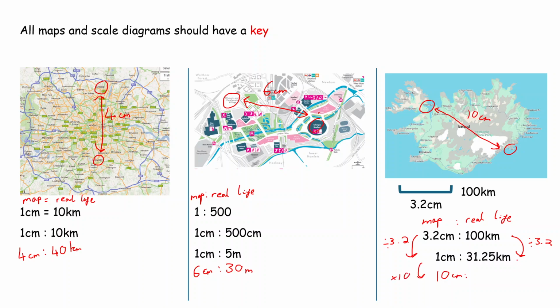You're timesing through by 10, do the same thing over here, times through by 10. 31.25 times 10 would give you 312.5 kilometers. So you'd be saying that between these two places here, they are 312.5 kilometers apart. To get from 1 to 10 is really easy. To get from 3.2 to 10 isn't so easy. So to get this first number to become a 1 is really useful.